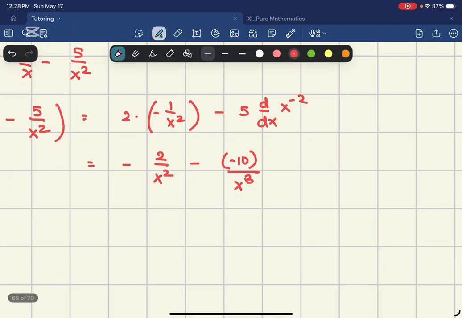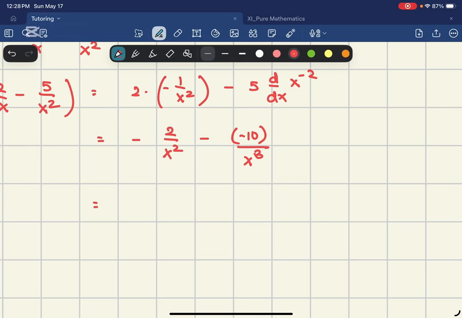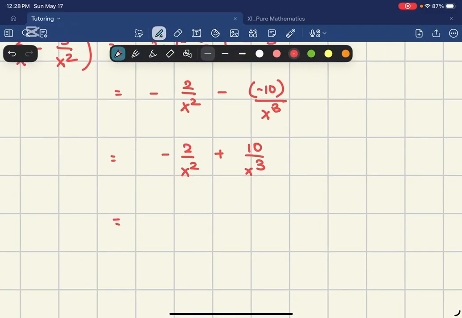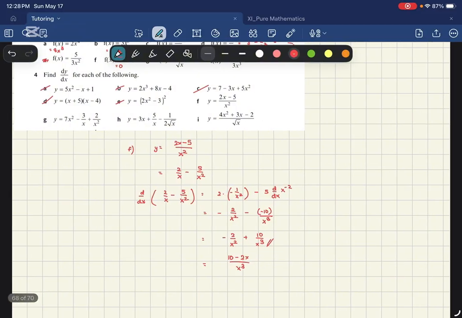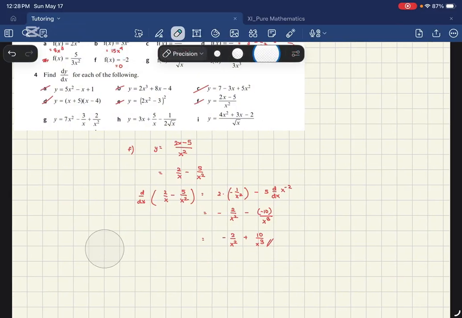So finally, you get minus 2 over x squared plus 10 over x cubed. And that is going to be (10 minus 2x) over x cubed if you simplify things out. But you could just leave it like this actually. This is also okay. So we're done with F.